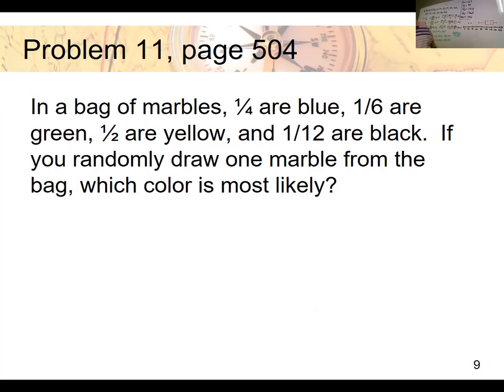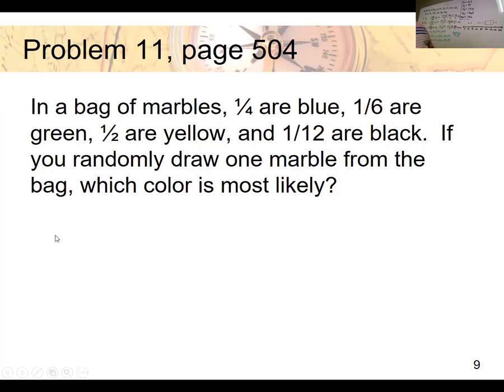Okay, so in this problem number 11, on page 504, in a bag of marbles, 1/4 are blue, 1/6 are green, 1/2 are yellow, and 1/12 are black. If you randomly draw one marble from that bag, which color is most likely?